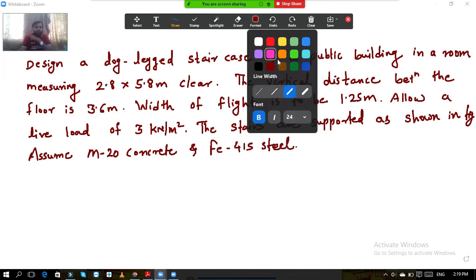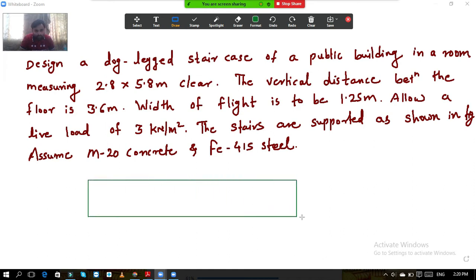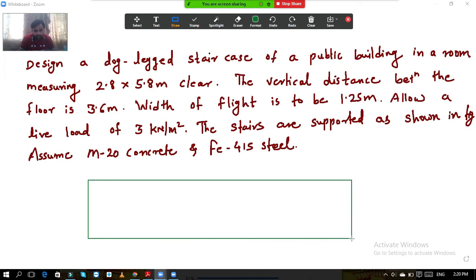So these are the given things. Now the given diagram is there, so I will draw the staircase. Here it is the rectangle. This is the staircase in total. Here is the landing. Here also some landing part is there.